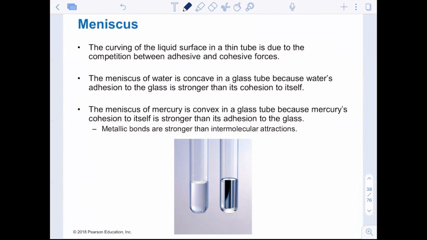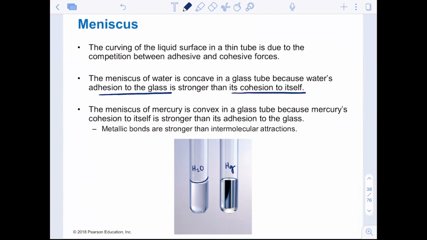Now, depending on what type of liquid you have, whether it's water, this is water over here, versus mercury. Water has a meniscus that creeps up the side because the adhesive properties are stronger than the cohesive properties. The meniscus of water is what we call concave. All right, the adhesion to the glass is stronger than the cohesion to the water itself.